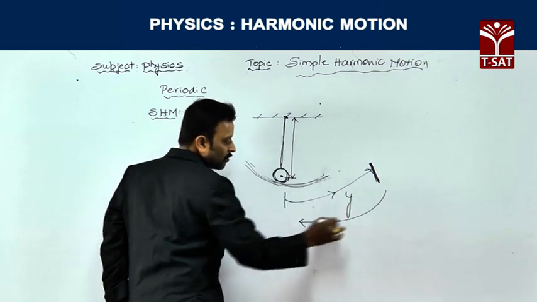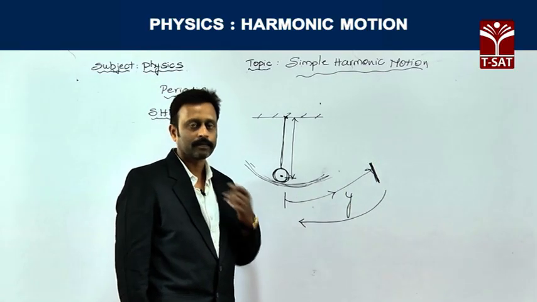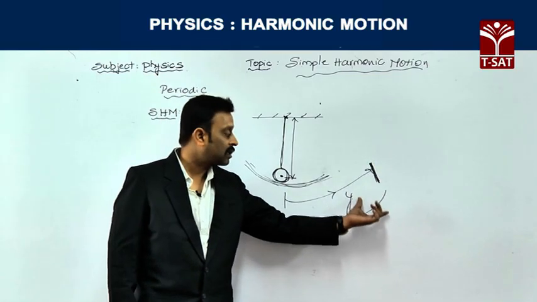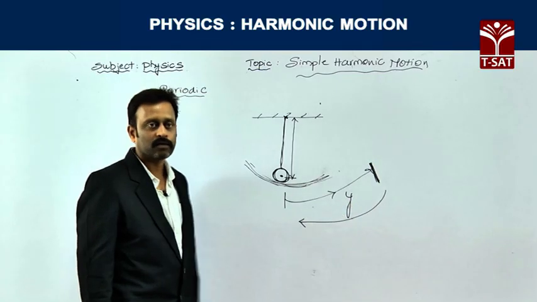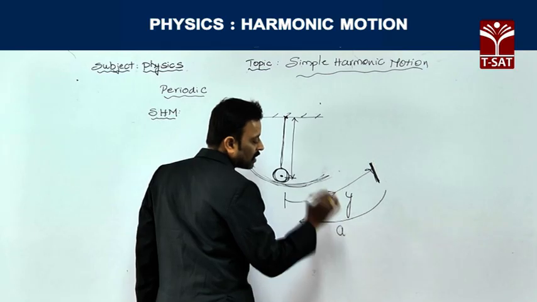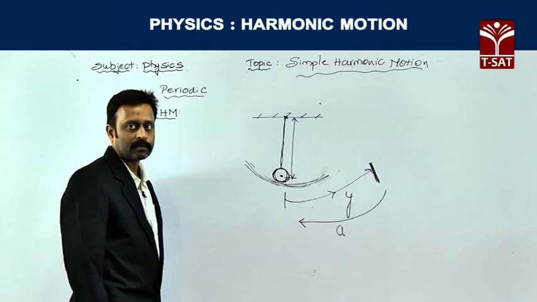As the bob moves under the influence of gravity, its velocity gradually increases. Then what happens? The acceleration of the bob will be towards the mean position.